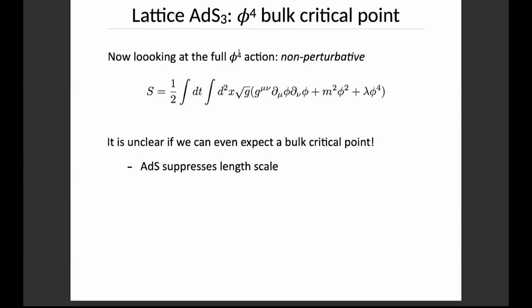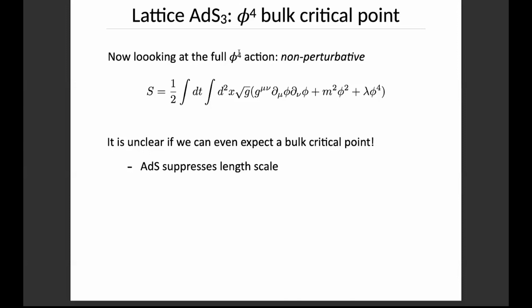This means that if you take a particle in AdS at the center of the universe, or the center of this tessellation, and propagate out past the inherent length scale of AdS space, beyond this little script L that I was talking about earlier, the particle basically propagates without interactions.